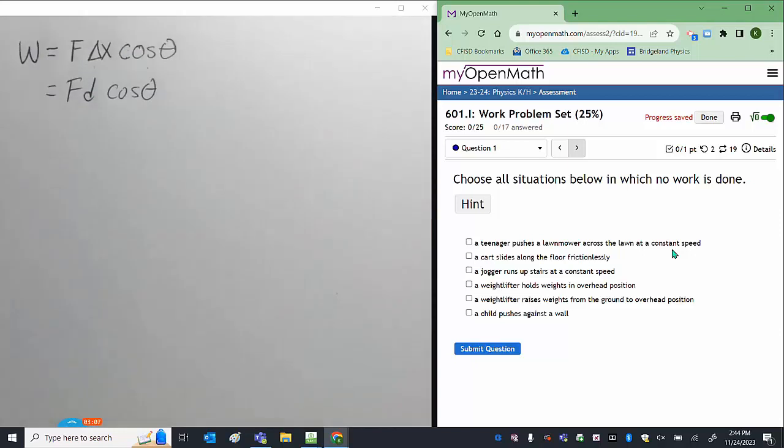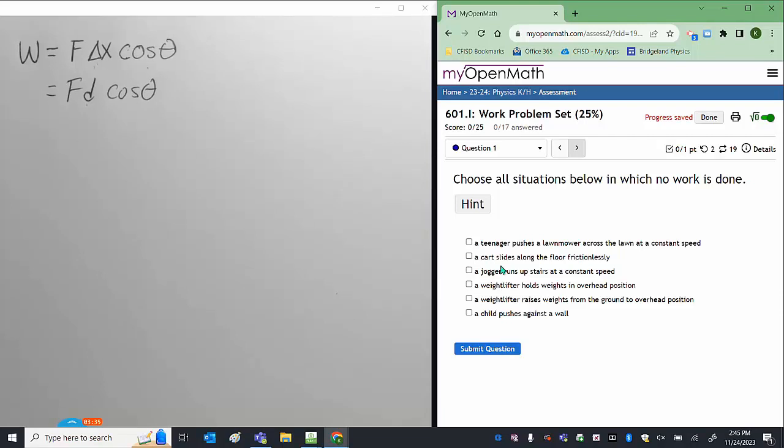It's distance instead of displacement for delta x, but whenever you're dealing with something where there is only motion in one direction, then your distance and displacement are the same value anyway, and so they sometimes are used interchangeably here. So again, we're looking for a zero here or here. Or, of course, if your cosine theta is zero, then that would also be a situation where you have no work. But this one right here, teenager pushing, that is work.